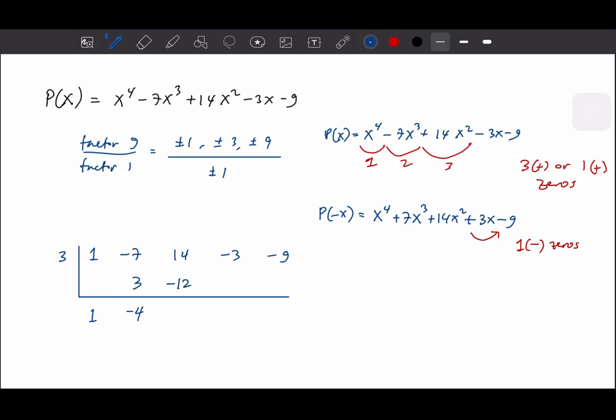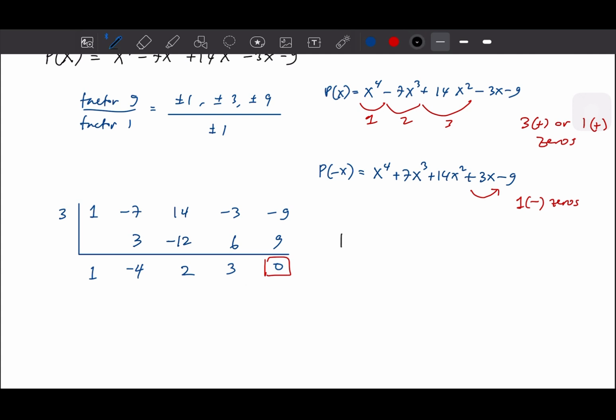It's negative 12, it's 2, 6, and this will be 3, and 9, and 0. Okay, so we have a zero. We can write as usual, we rewrite this form, and we have the cube. Okay, now we are focusing on this part.